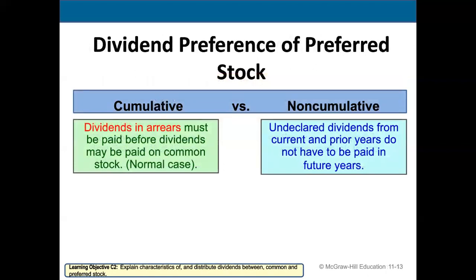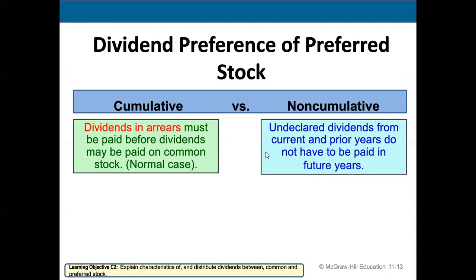Preferred stock comes in two types, and this is based on their dividends. Some preferred stock has what's called cumulative dividends, and the other has non-cumulative dividends. Cumulative dividends means that if the business is unable to pay a dividend in a given year, then in the next year, before they can pay any dividends to their common shareholders, they have to pay off the dividends that were not paid in the previous year.